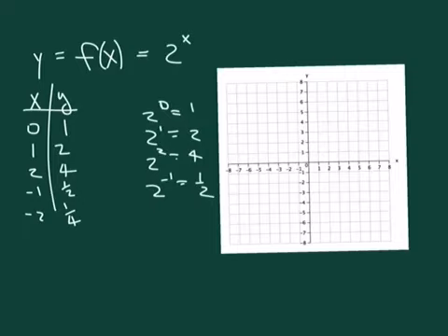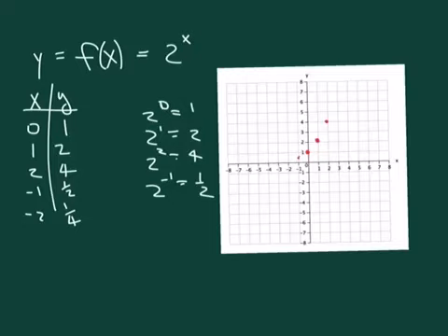Alright, so let's go ahead and graph this. This is 0, 1. Let me get a different, darker color here. Let's go with red. 0, 1. And then 1, 2. And then 2, 4. And then negative 1, 1/2.